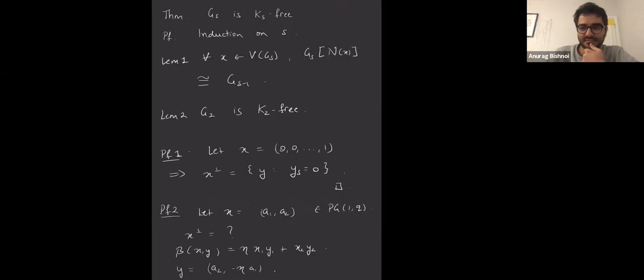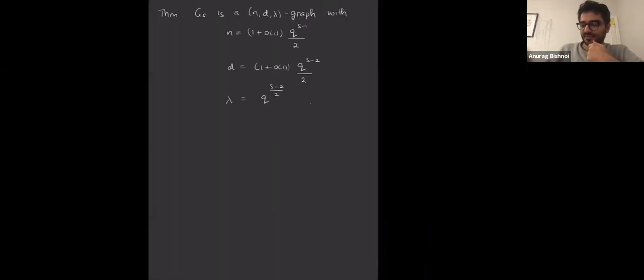Nope. Okay. Cool. And now the rest of the stuff is very easy because we already saw that this is true when I claimed it. And now because the neighborhood of each vertex is just the same graph, but with one dimension lower, the following is also true, right?